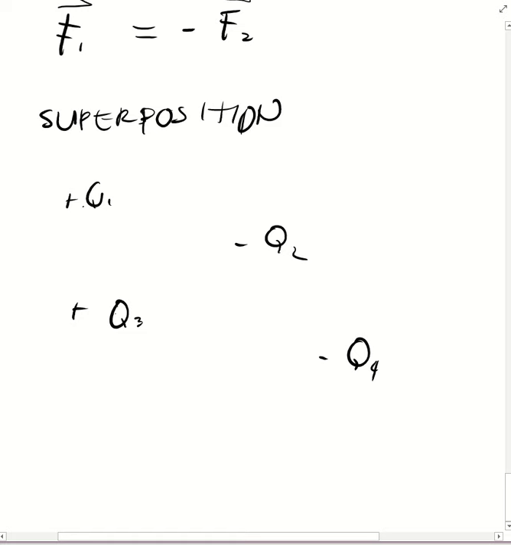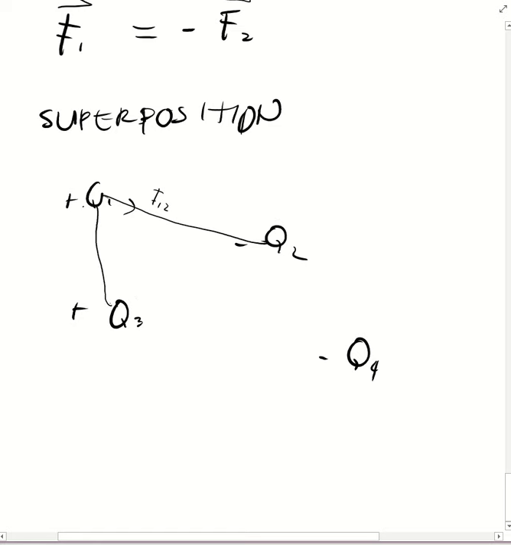So here you can disregard Q3 and Q4 and solve for the force contributed by Q2. Q1 is positive and Q2 is negative, so the direction of the force is toward Q2. That's F12.